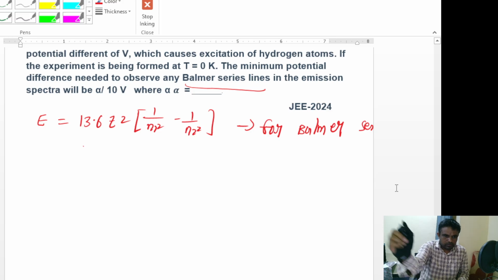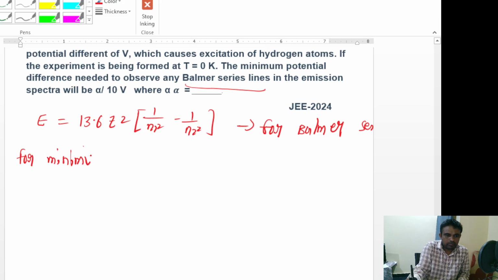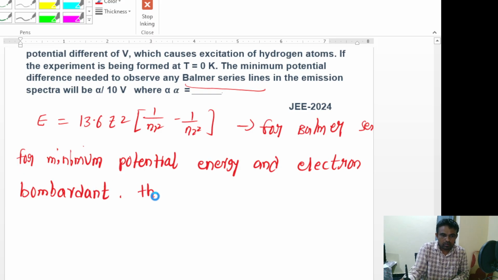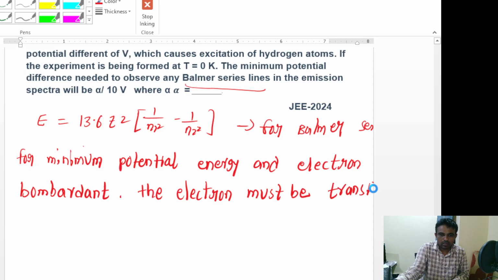So for the minimum potential energy, when the electron is bombarded, the electron must transit from the ground state to the third state.